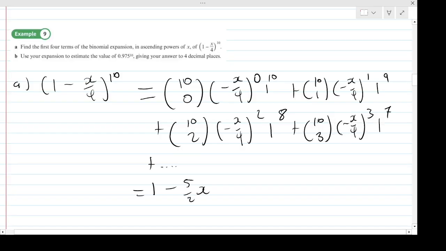Then we have 10 choose 2, which is 45. Then 45 times minus a quarter squared. That would then get the 45 over 16x squared.